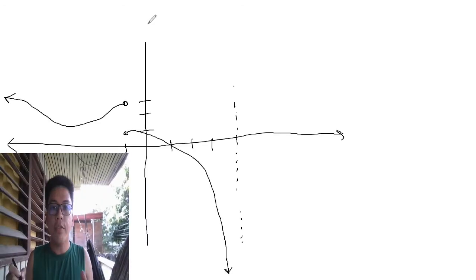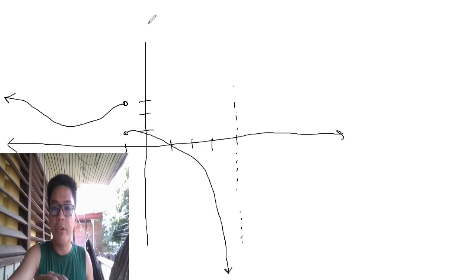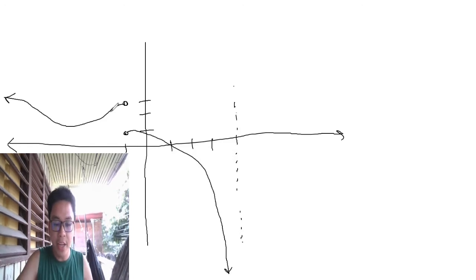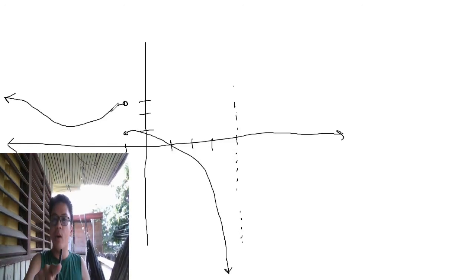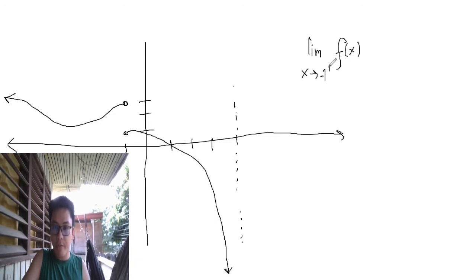That's it. Okay, suppose we have, for example, the graph of a function f here. So entirely, this is our graph of a function f, assuming I have a perfect drawing. Sorry for that. But anyway, suppose that is our function there. If we are interested to find the limit of f of x as x approaches, let's say, negative 1 from the right, so this is actually our negative 1.